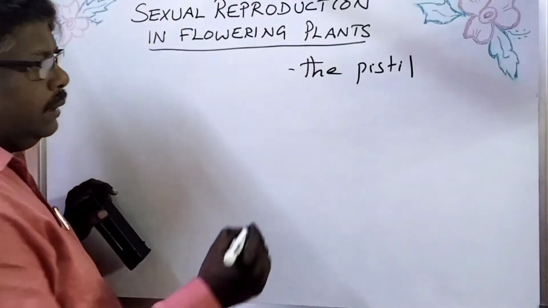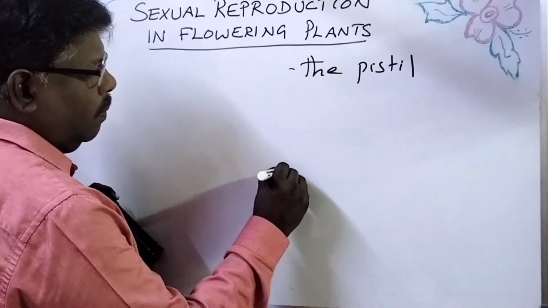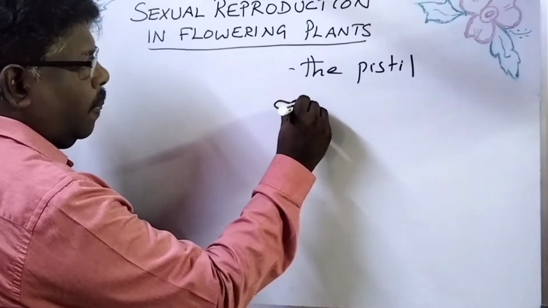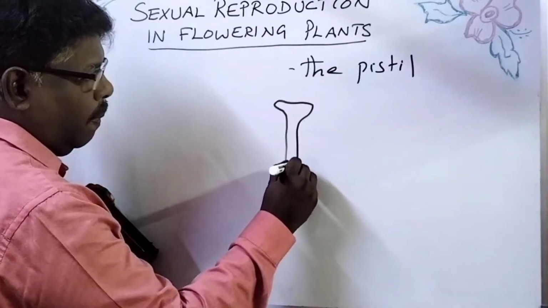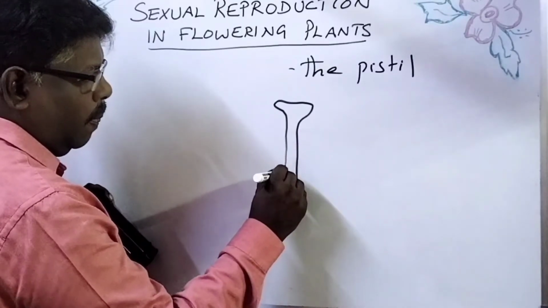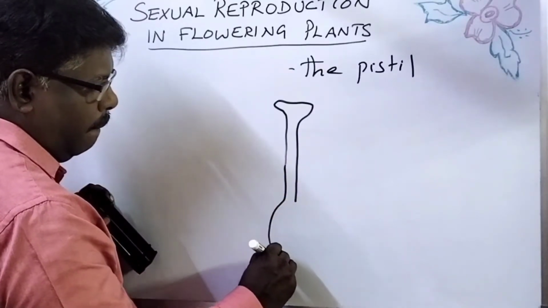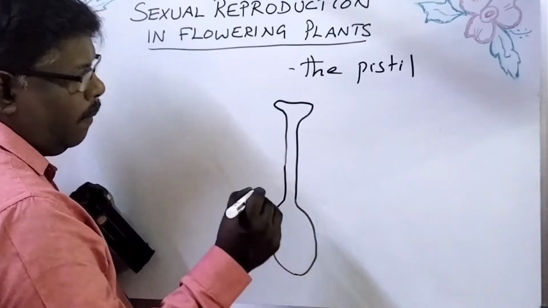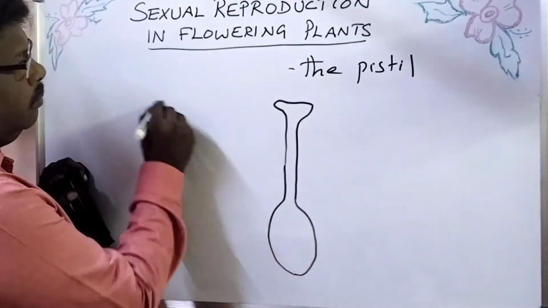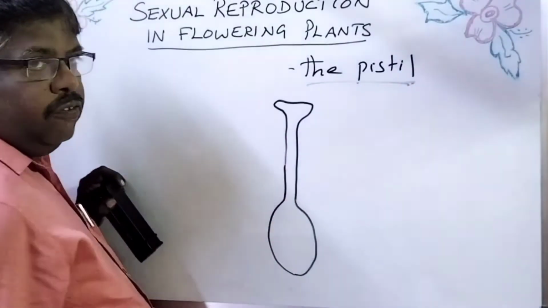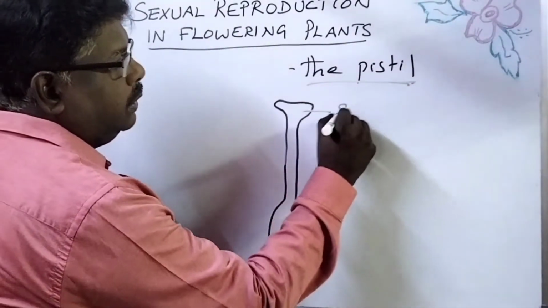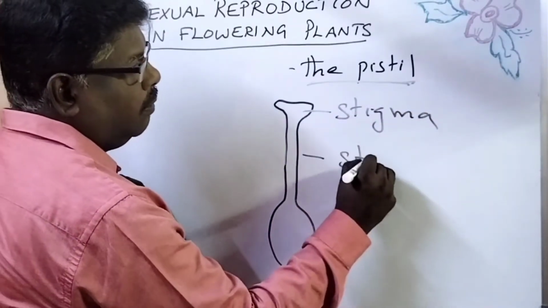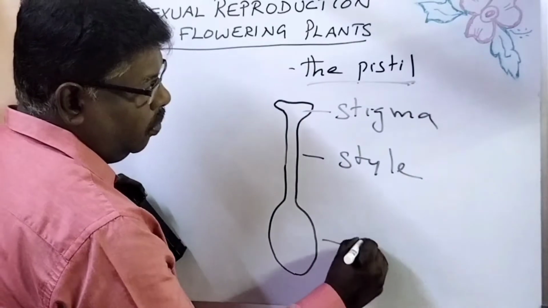Actually, the pistil will be like this. The structure of pistil: this is called stigma, this is called style, this is called ovary.